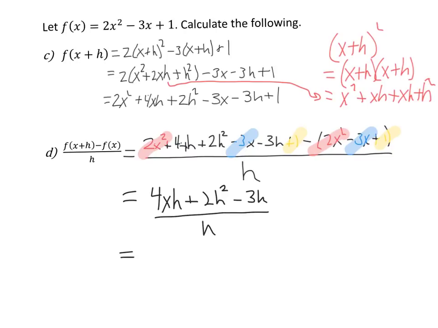So now everything in the numerator has an h, we could factor it out. So we have h times, in parentheses, 4x plus 2h minus 3. Ugly looking 3 again. But that's alright, because it's all divided by h. Our h's cancel out. And we're left with our final answer of 4x plus 2h minus 3.